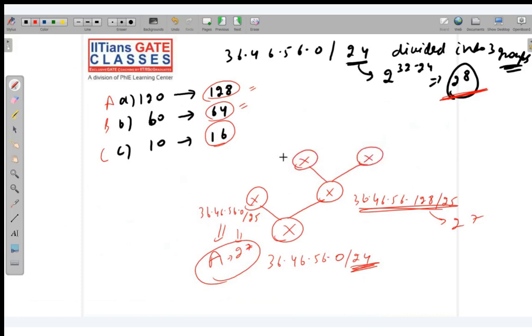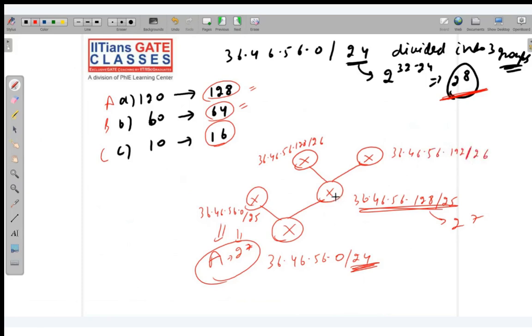This part I will say 36.46.56.128/26. One more bit you have borrowed. And here we will say 36.46.56, now one more bit you have borrowed, so it will be 192/26.